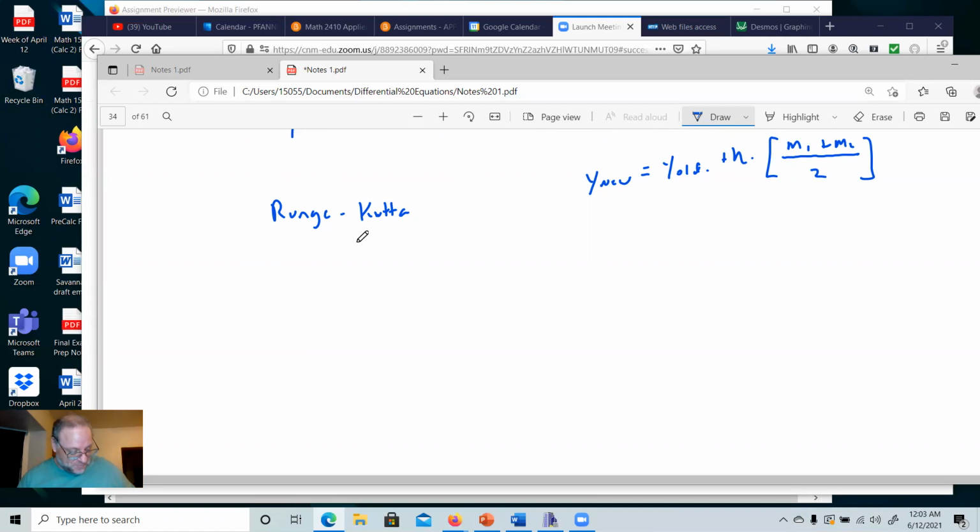I have no idea. But they both came up with this idea of, well, we have y new equal to y old plus h times a slope estimate. Now this is often abbreviated. If we have an RK2 method, that means they're using two slopes to get this estimate.